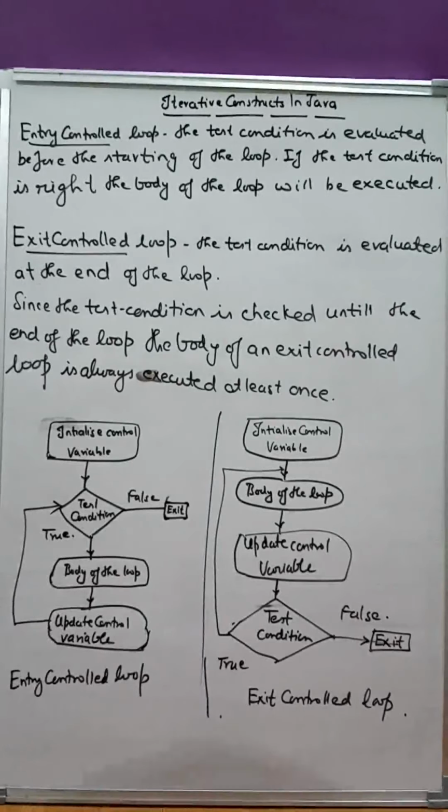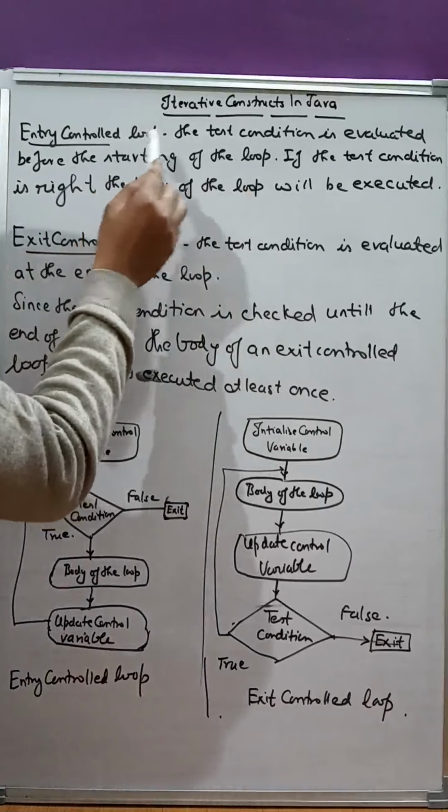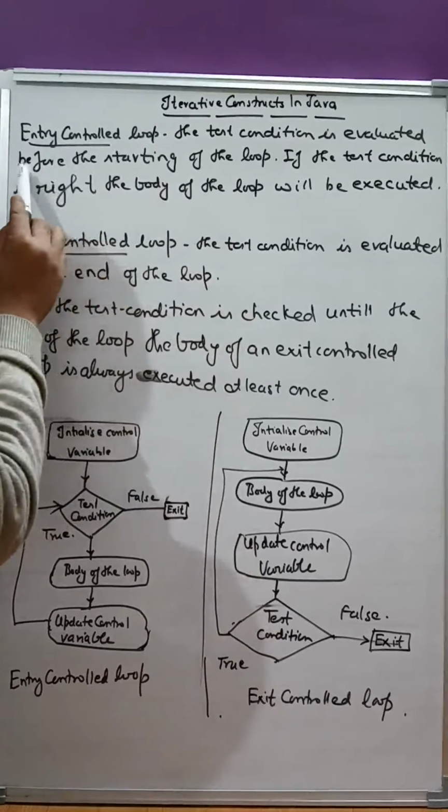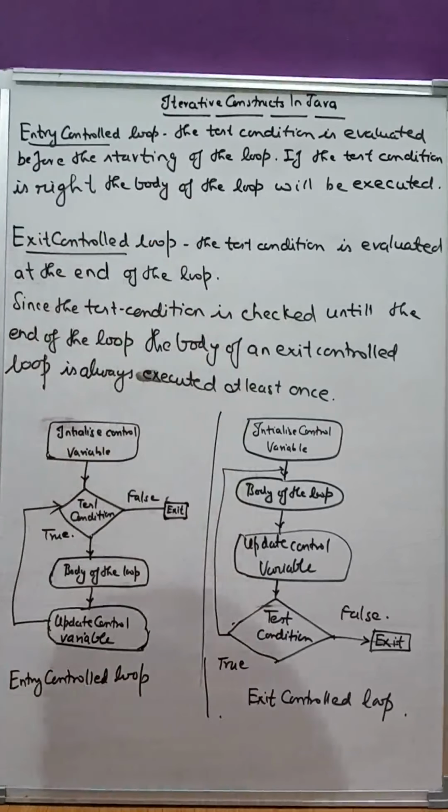In the coming videos, you will be able to understand how the different loops work, and their working is based on these two concepts, entry control and exit control loop. So the entry control loop is such a loop in which the test condition is evaluated before starting of the loop. That means first the condition will be checked.